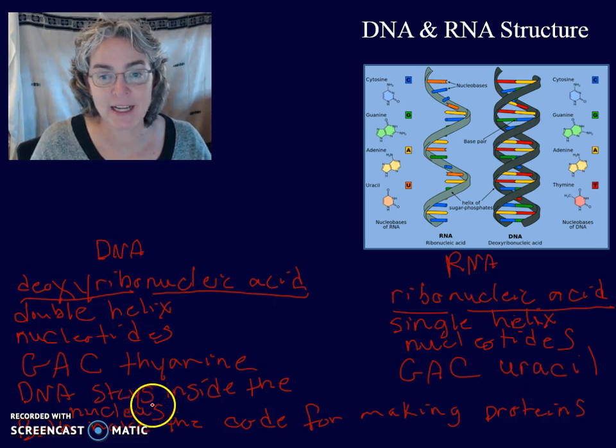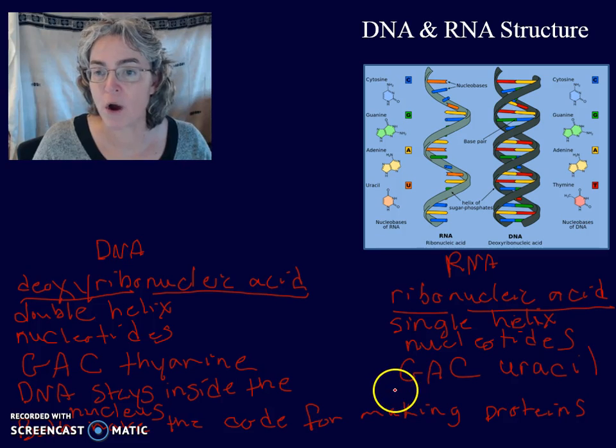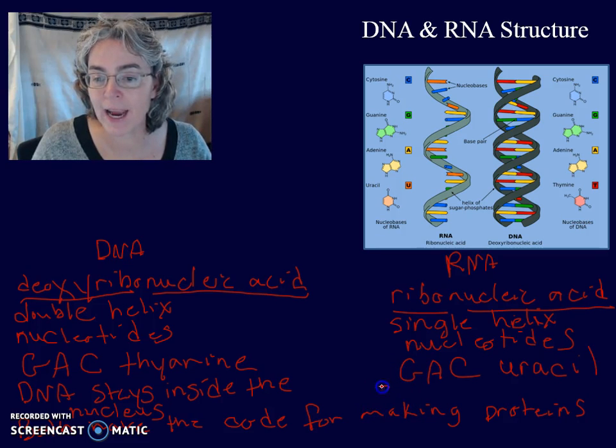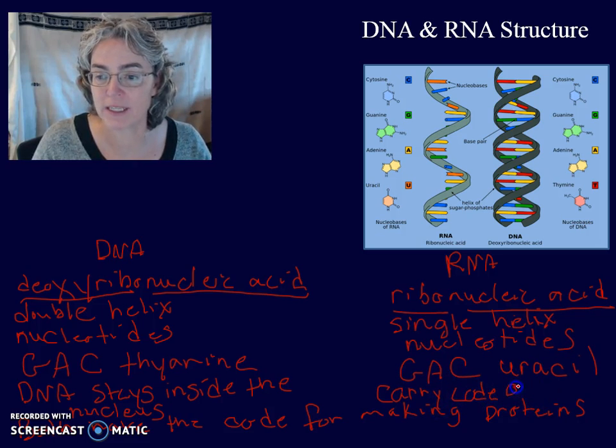DNA stays inside the nucleus, whereas the RNA molecule can carry the code outside the nucleus.